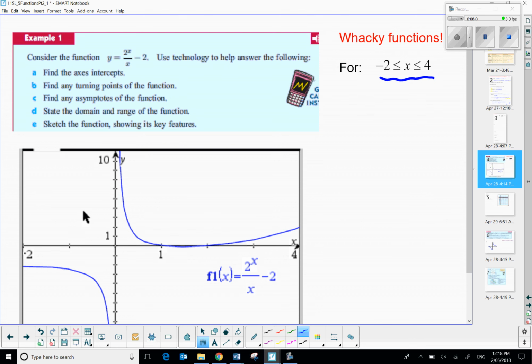All right, so hopefully you've had a turn at that. With our axes intercepts, we can see that there's no y-intercept here, that there's an asymptote there, but we do have an x-intercept here at 1 and at 2. So our x-intercepts are at 1 and 2.